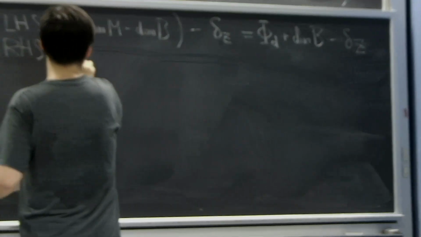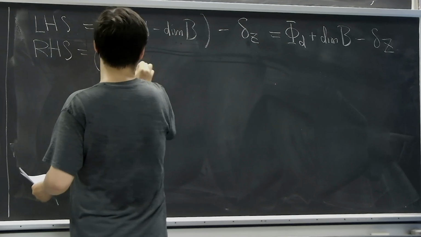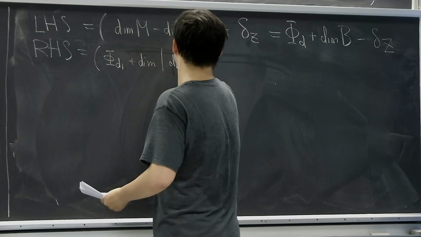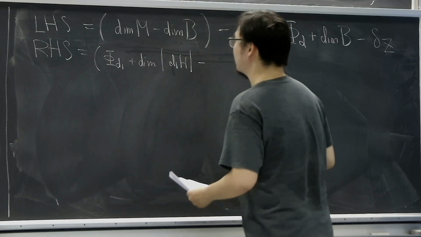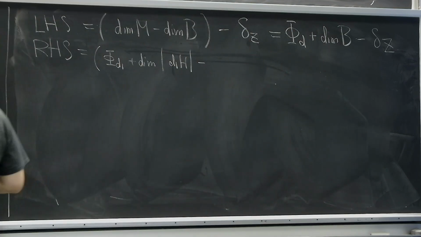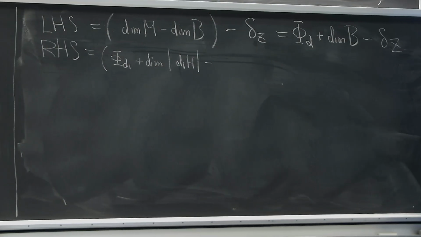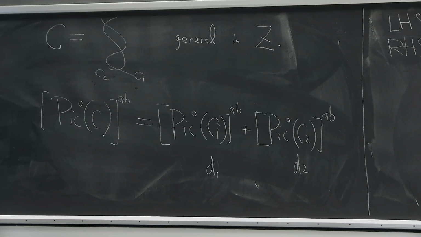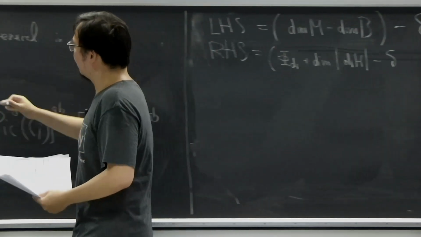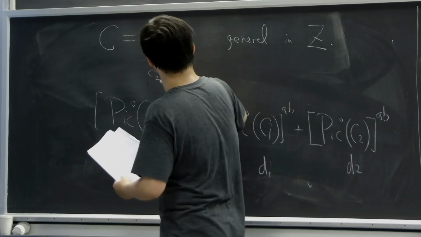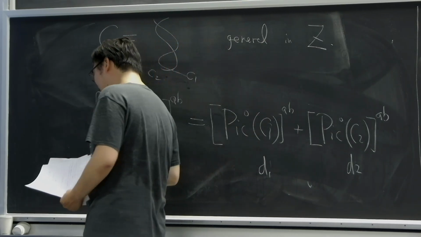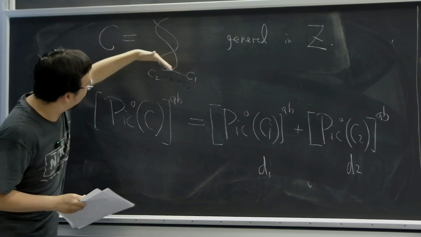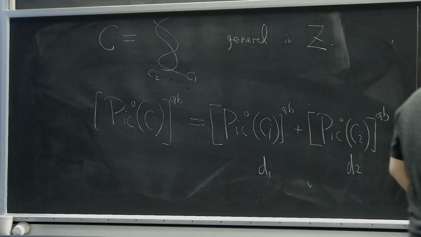So this will be phi D1 plus the dimension of the full linear system D1 H minus the locus where... I want to write down here the delta function for the locus, the closure of the locally closed subset swept out by this C1 and degree 1 curves.